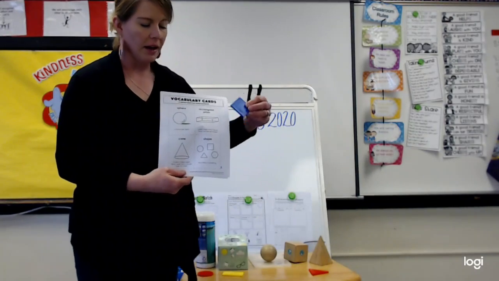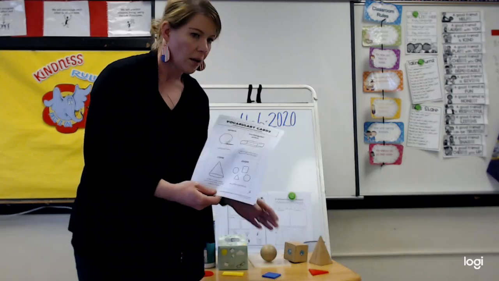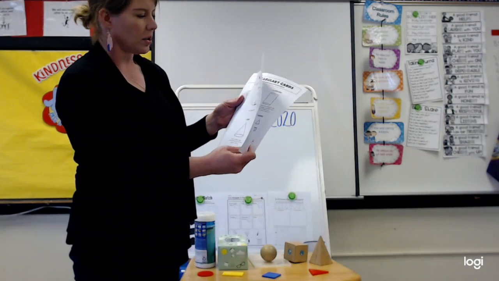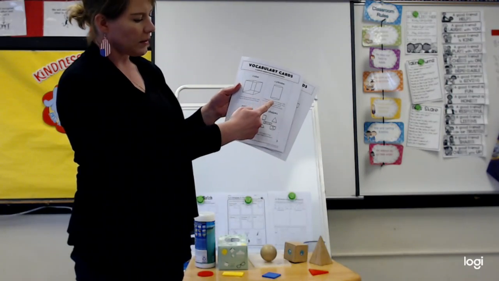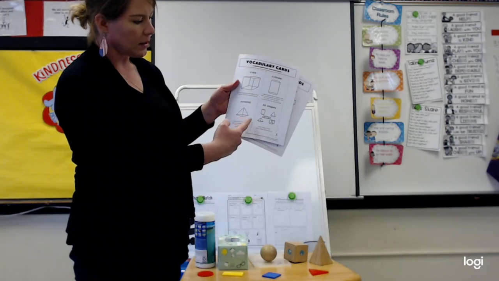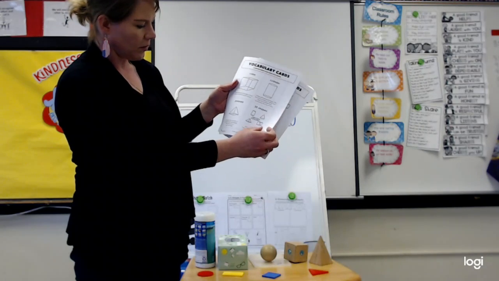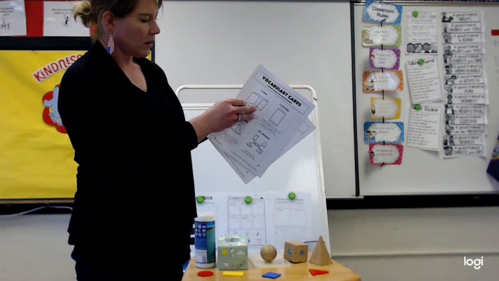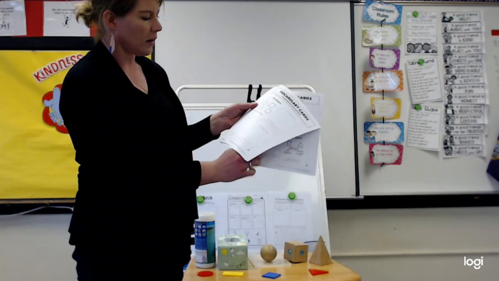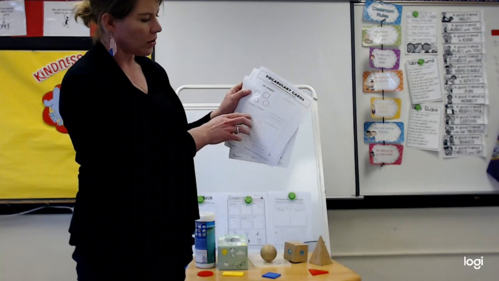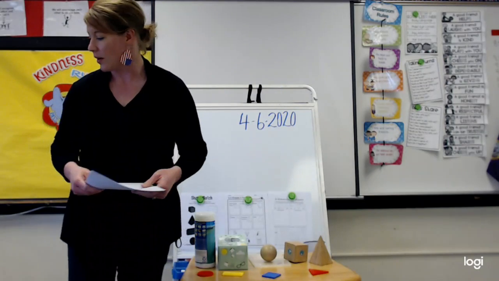It's the outline or the flat shape of what we just showed. Cube, cylinder, pyramid, that's also the cone. And our last one, and then there is a picture of 2D shapes. So you can cut those out and you can practice them over and over.